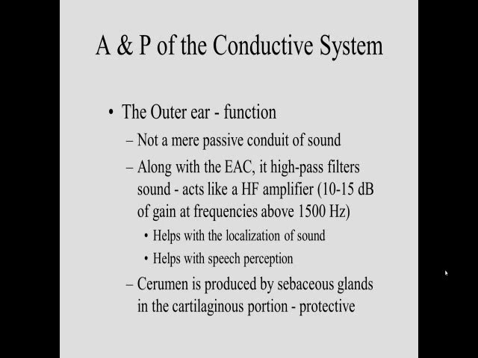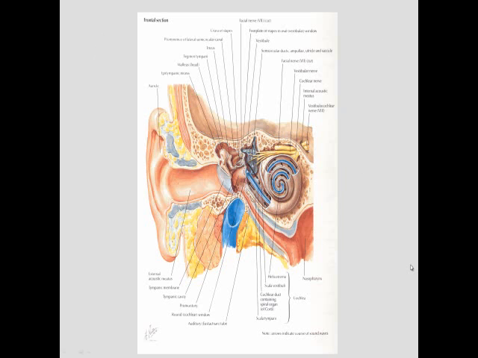We also wanted to recognize that the outer ear canal is protected in many ways by the production of earwax or cerumen, which is produced in what are known as sebaceous glands that sit in the cartilaginous portion of the outer ear canal. So here again is a diagram of the peripheral auditory system.